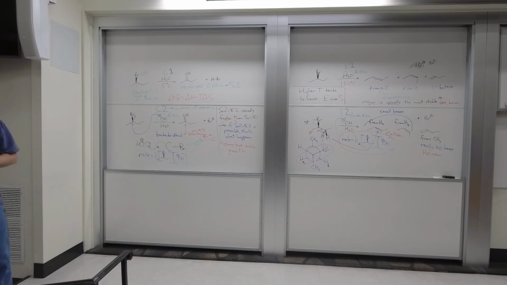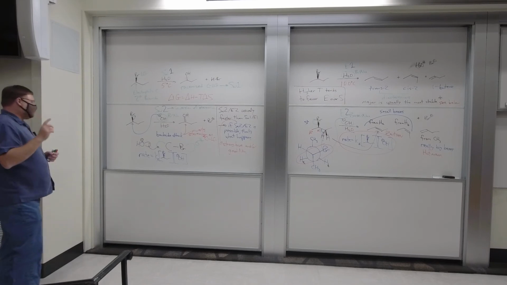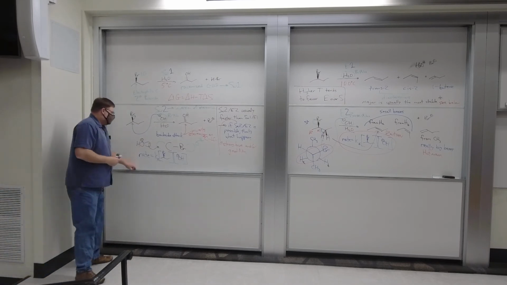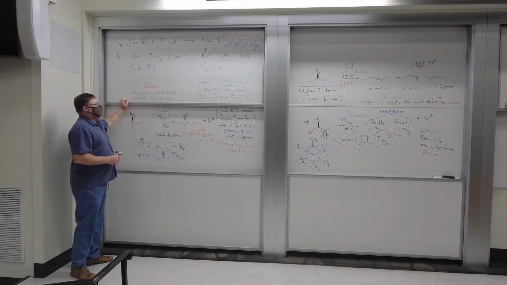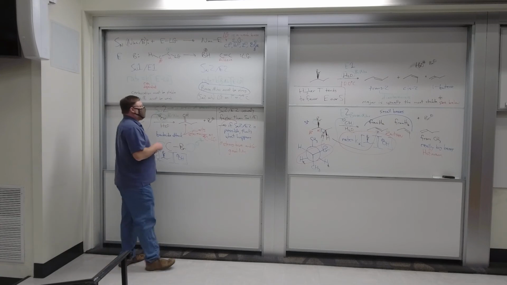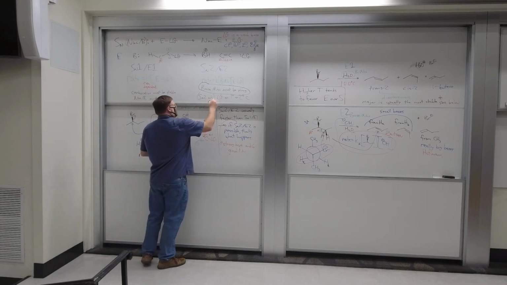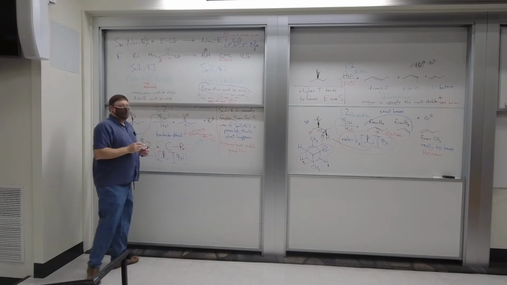In the SN2, the nucleophile has to do a backside attack on the electrophilic carbon. Actually, I do want to throw one more thing in the SN2. SN2 cannot happen on a tertiary carbon.